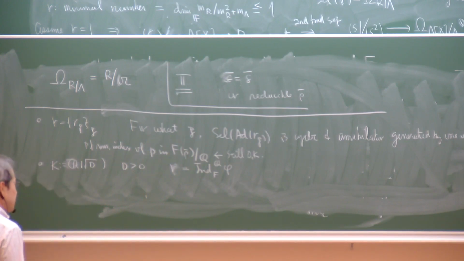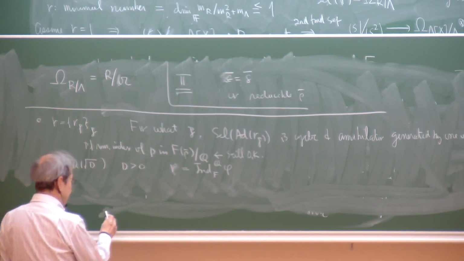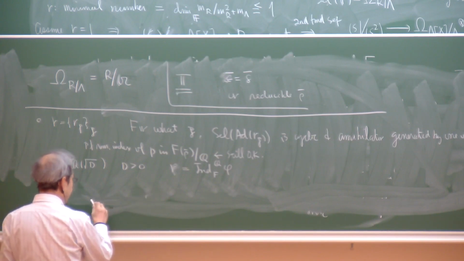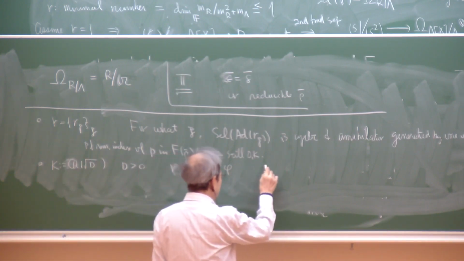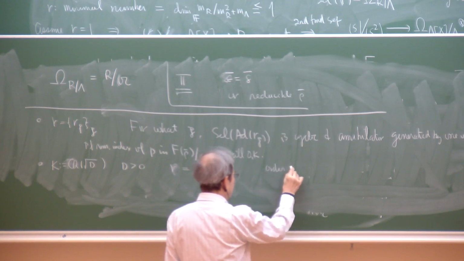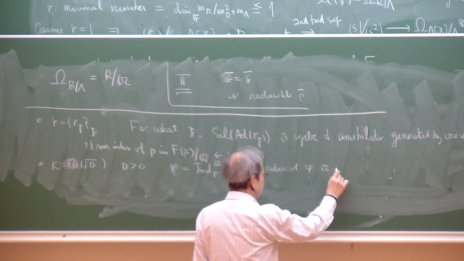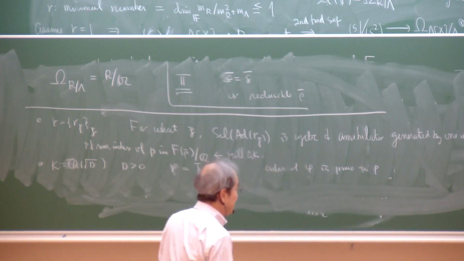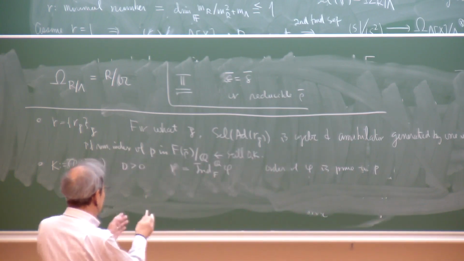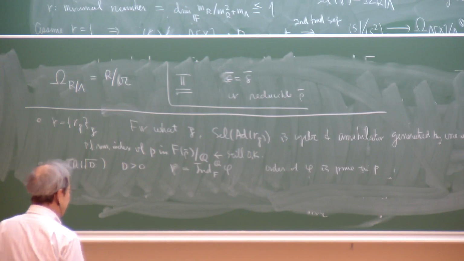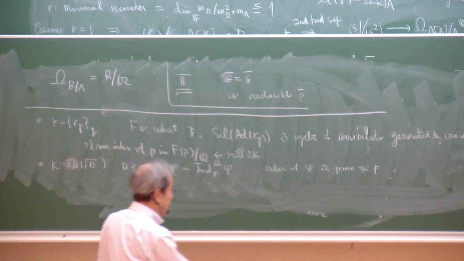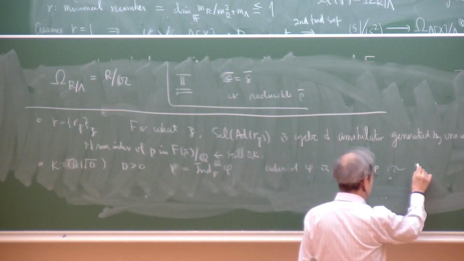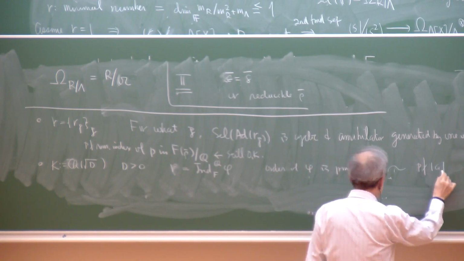Then what you can prove is that, for simplicity, I suppose that the order of phi is prime to P. So this is basically your image Galois group has order prime to P. So this is very close to P doesn't divide G3.